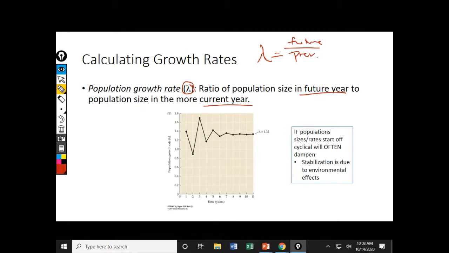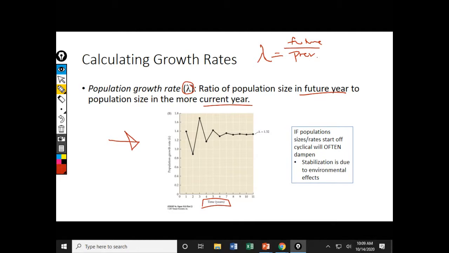So let's look at our graph here and get an idea of how this looks. And there's a lot of different ways that we're going to look at this and the way this information can be valuable. All right, so on our graph here, our x-axis is time. Okay, so we're going to look at consecutive years for a given population that we've been tracking.